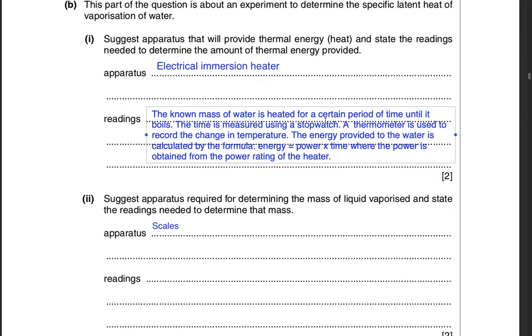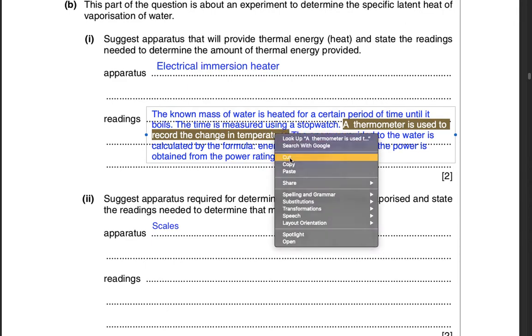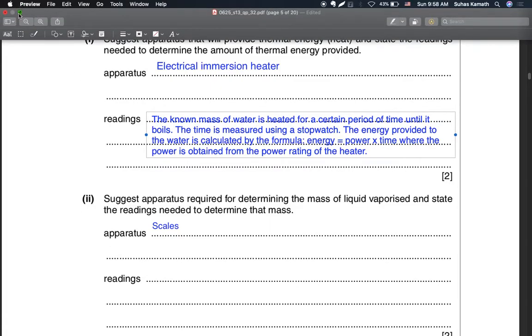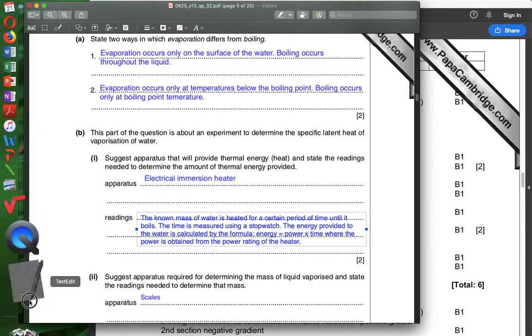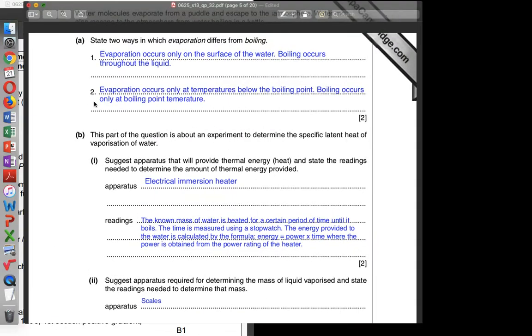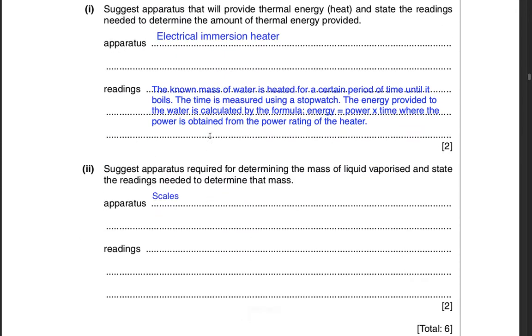The thermometer is used to record the change in temperature. Oh, we don't want this one. Cut. I will paste it in text edit as well, so I don't have to type it again.